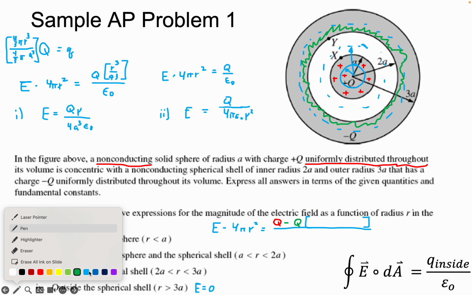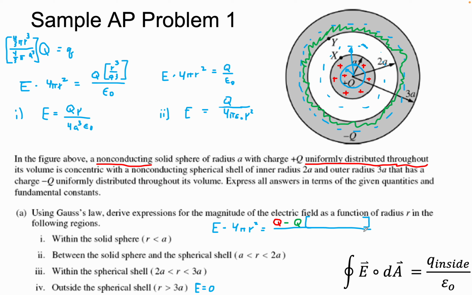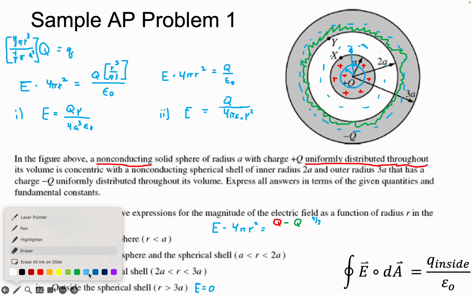And this is where the painful part comes in. And I may not have left myself enough room here, but I'll try to write small. It'll be 4/3. You know what? I'm going to make this a little larger, just so you can see it better. I'll put it in after I finish.